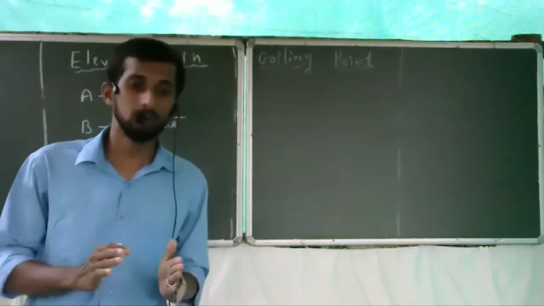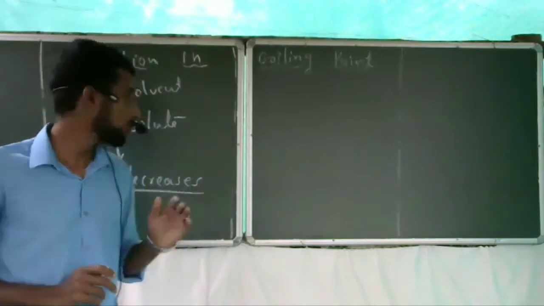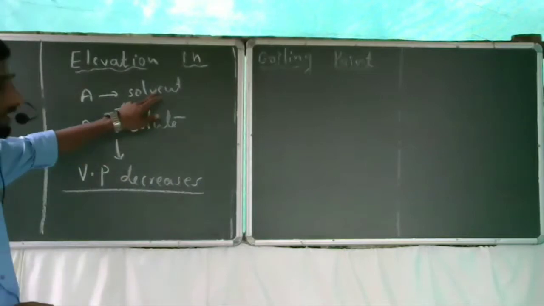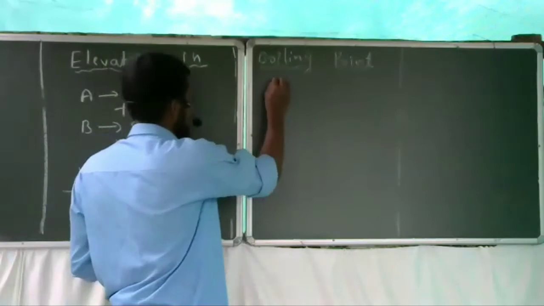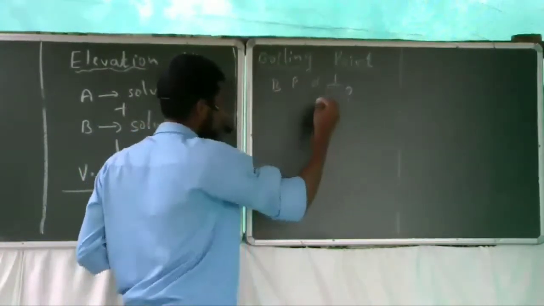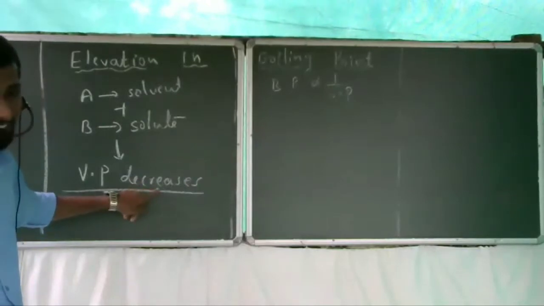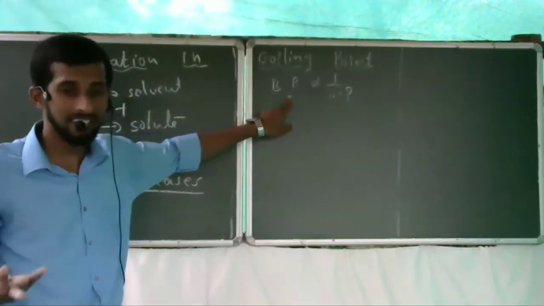Vapor pressure of the solution decreases. Clear, right? Then go for this relation. Boiling point is inversely proportional to vapor pressure. Here, vapor pressure decreases. So what happens to boiling point? Boiling point will increase. Okay.